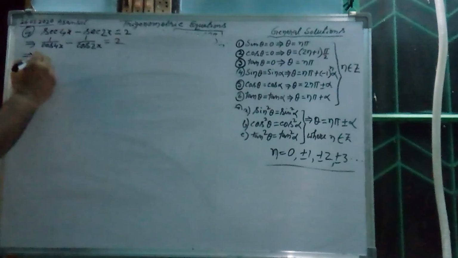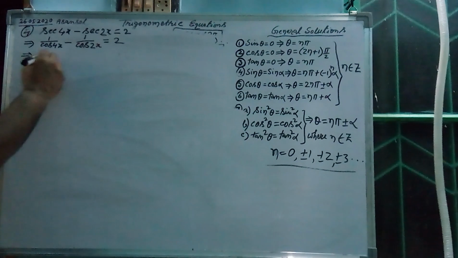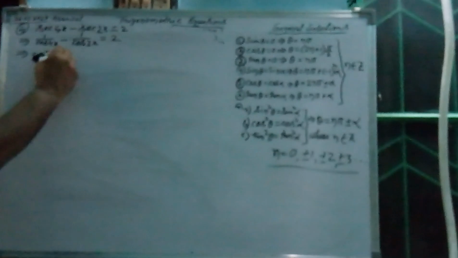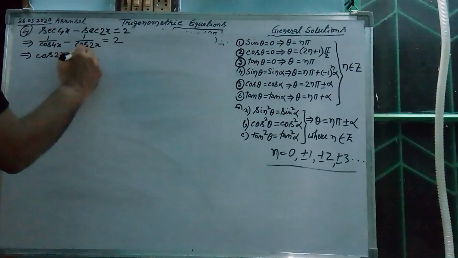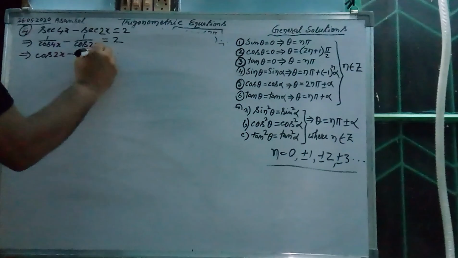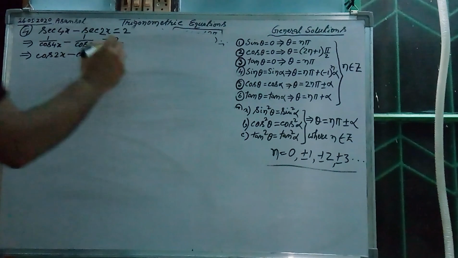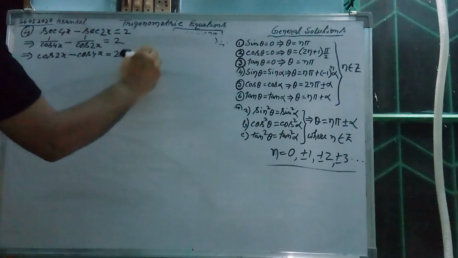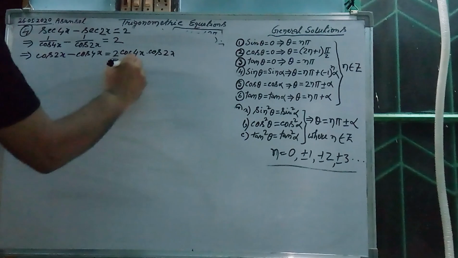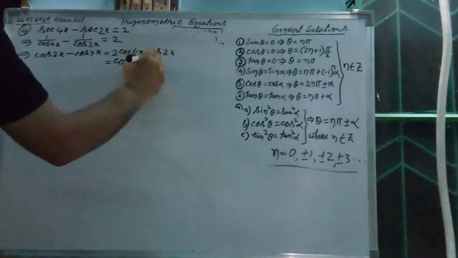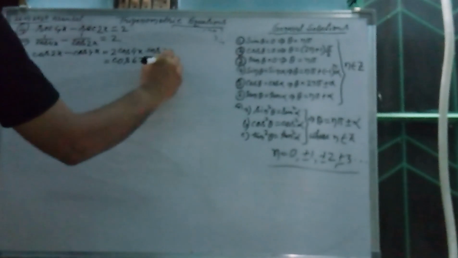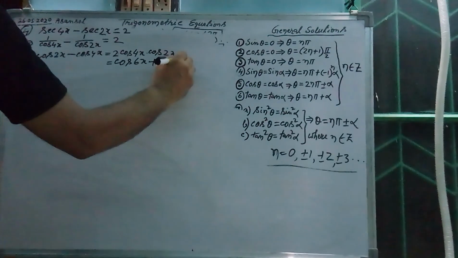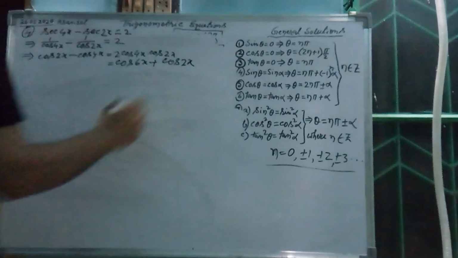This implies, if we simplify, we will get cos 2x minus cos 4x is equal to 2 cos 4x cos 2x, which can be written as cos of 6x plus cos of 2x.